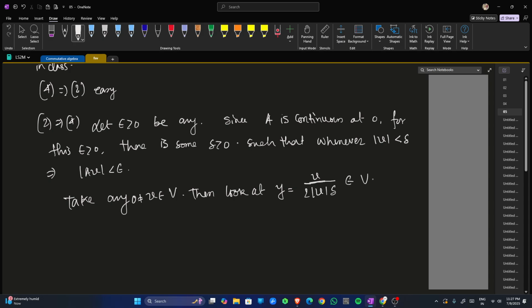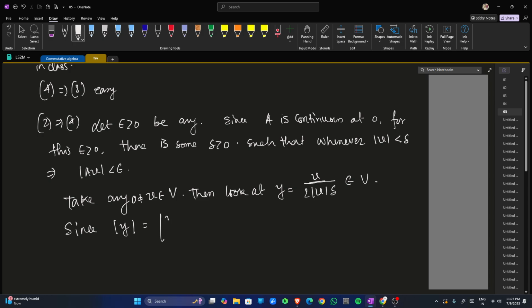Both are small letter v. Yes, both are small v. What is the norm of y?